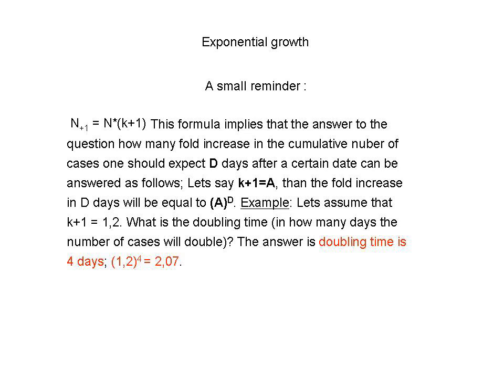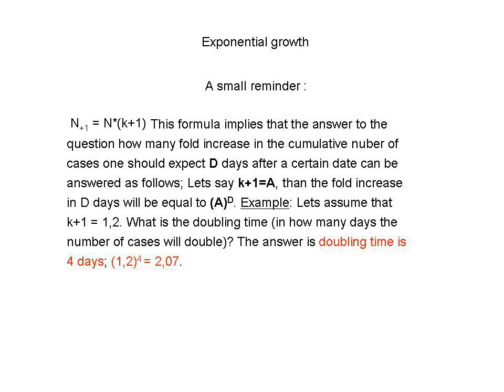To understand that, what you have to do is to find the number the next day: you multiply the number of cases that day with k plus 1. To find it 2 days later, you multiply this n times k plus 1 with k plus 1 again.